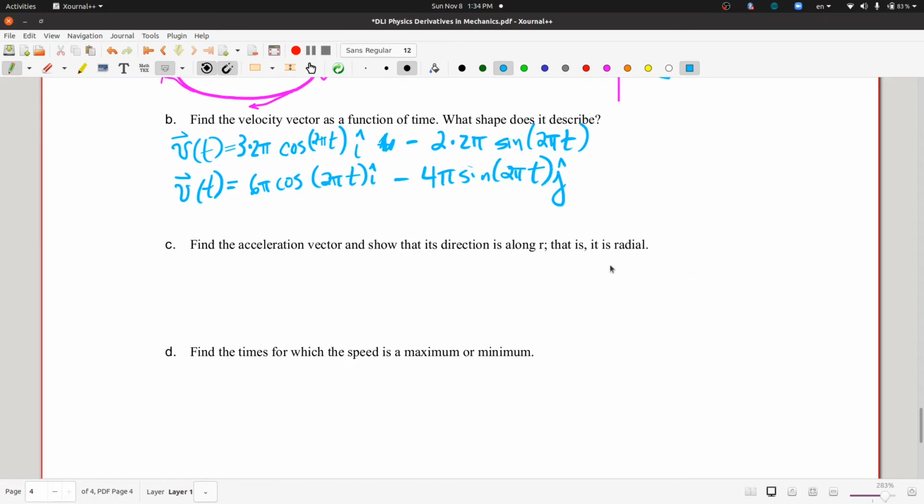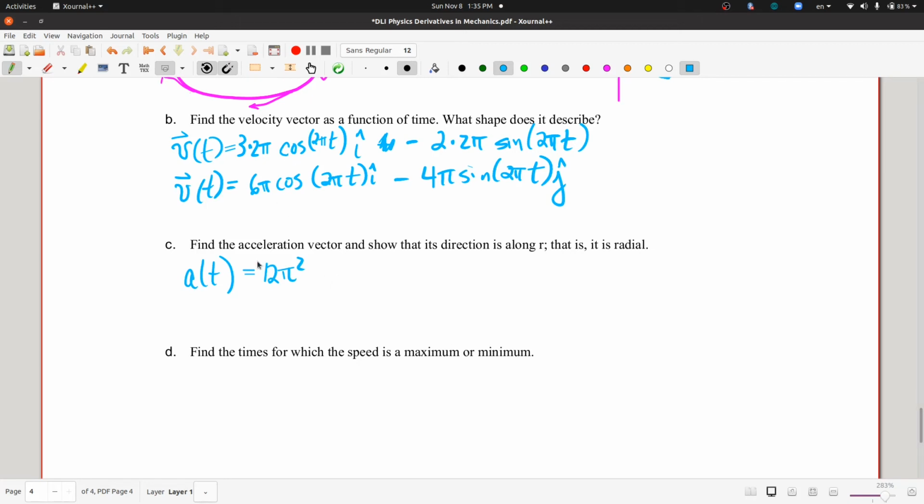Part C, we're asked to find the acceleration vector, show that its direction is along r, that is, its radial. This is just the derivative of the velocity vector, so acceleration is a function of time. Applying the same rules, derivative of cosine is negative sine, and we need to multiply by the inside coefficient. So this is going to equal 2 pi times 2 pi times 3, that is 12 pi squared.